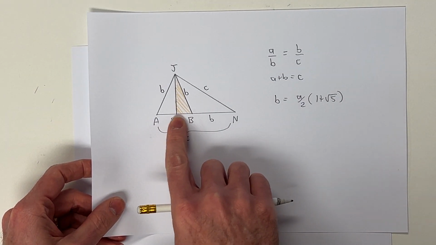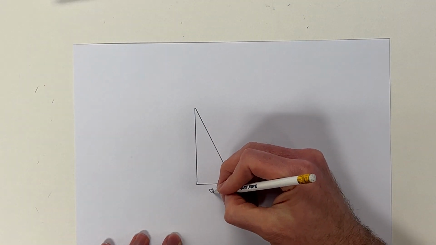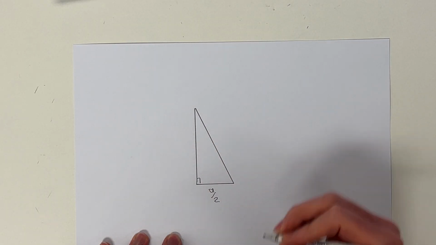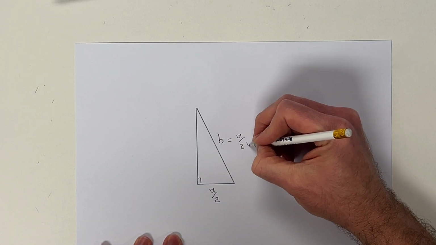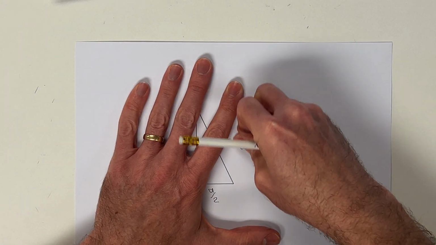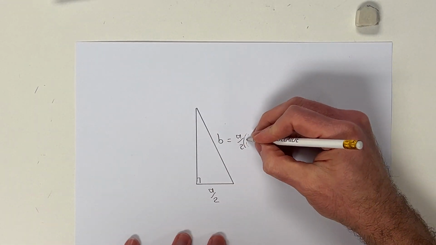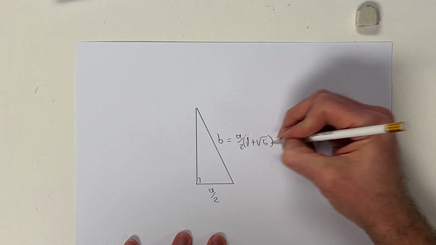This distance is half of A. That's a right angle. And this distance is B, which is A on 2 times 1 plus the square root of 5.